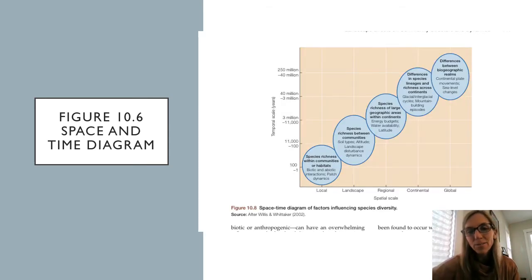So throughout the semester, we've revisited a few different times these space-time diagrams that help us conceptualize how various factors work into the hierarchy of landscape ecology. In this case, we're looking at the different ways we can look at species richness, first within communities or habitats at that smallest scale, but scaling all the way up to landscapes, geographies within continents, and then richness across continents and up to the global level.